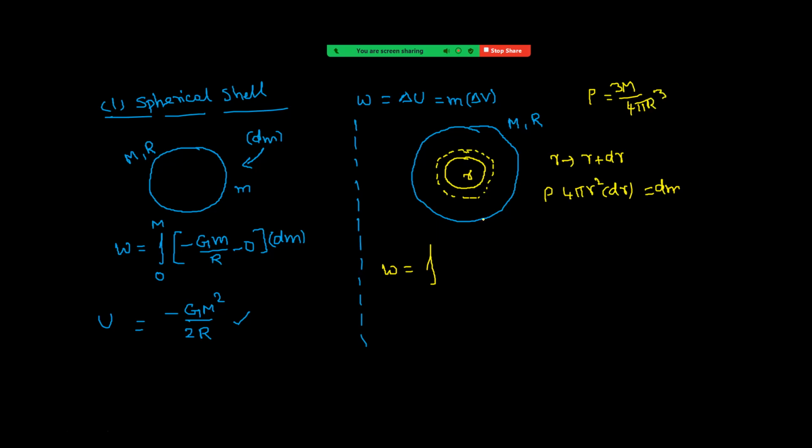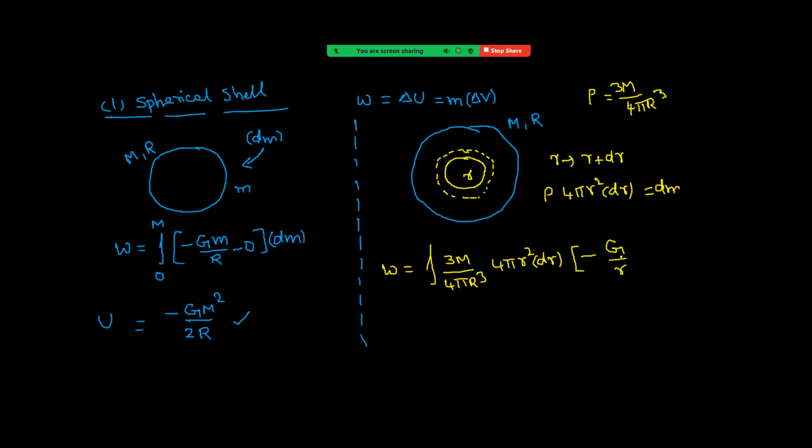So in the place of dm, I am writing rho, which is 3M by 4 pi R cube, into 4 pi r square dr. This is dm into the change in potential, which is minus G by small r.